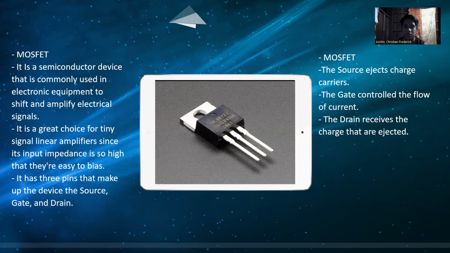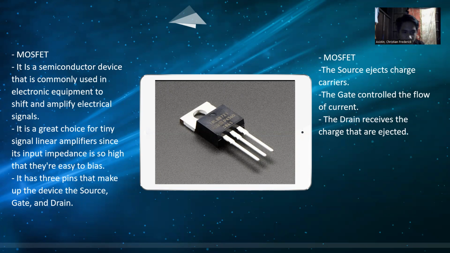So, first of all, what do you think a MOSFET is? For me, it is a semiconductor device that is commonly used in electronic equipment to shift and amplify electrical signals. It is a great choice for small signal linear amplifiers since its input impedance is so high that they're easy to bias.